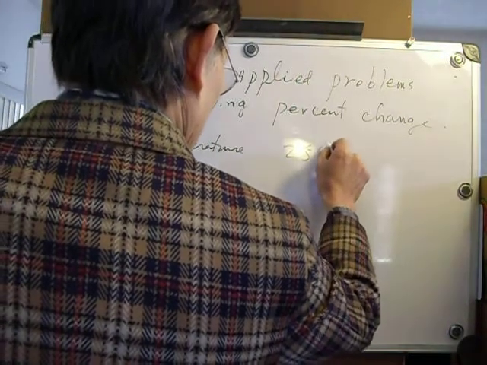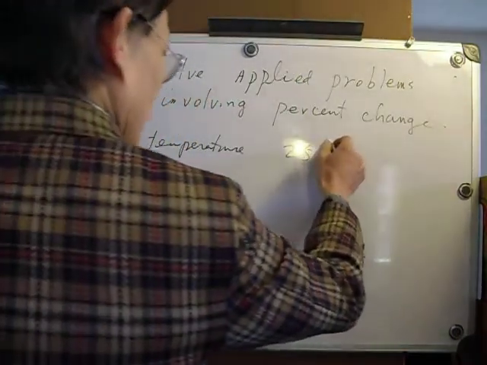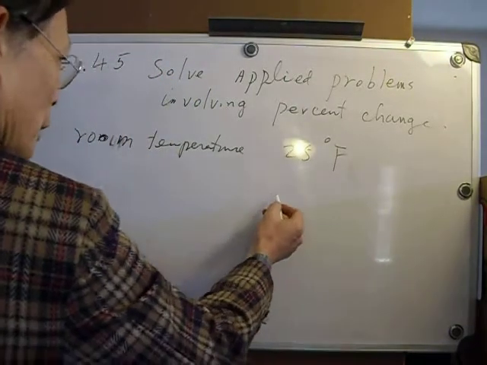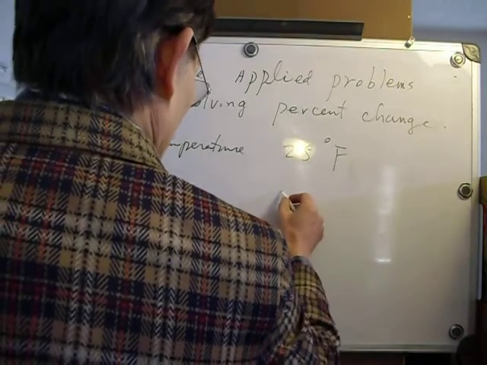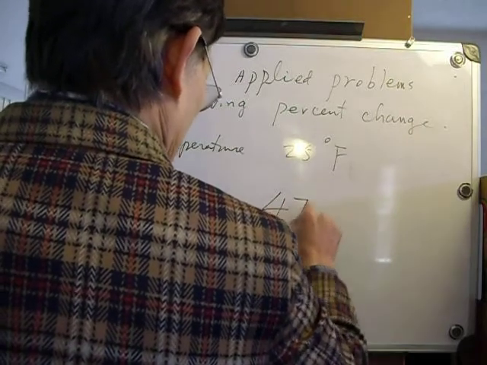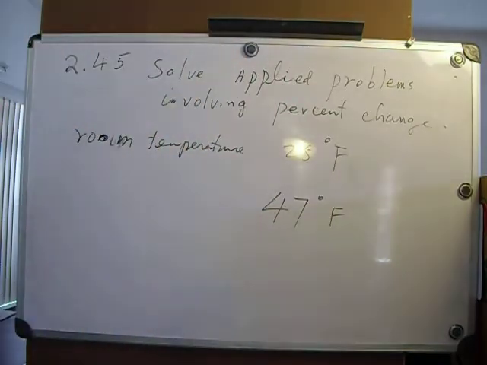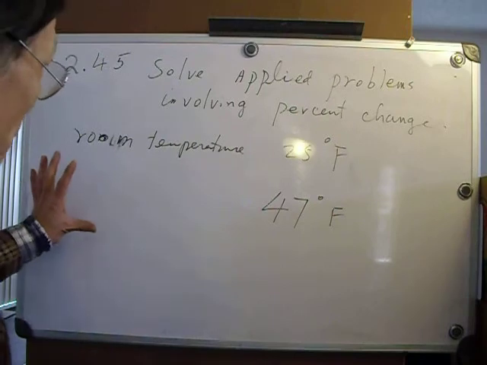Whether Fahrenheit or Celsius doesn't matter; it's Fahrenheit. Several hours later, in the noontime, it warms up to 47 degrees. It's supposed to be a pretty cold day today. In the noontime, 47.